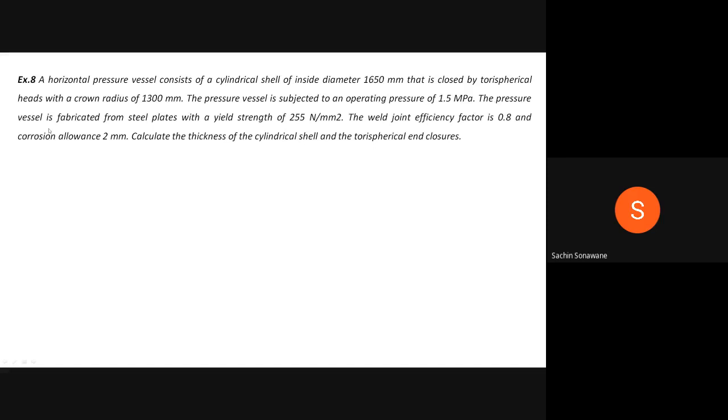The pressure vessel is fabricated from steel plates with a yield strength of 255 newton per mm square. The weld joint efficiency factor is 0.8 and corrosion allowance is 2 mm. Calculate the thickness of the cylindrical shell and the torus spherical end closures. Therefore, please write down the problem. I will wait for 5 minutes. We will solve this problem.